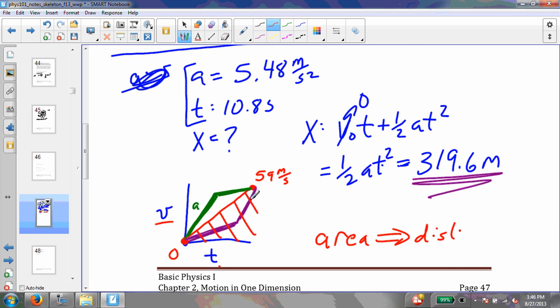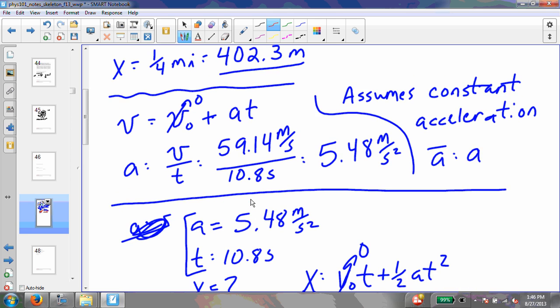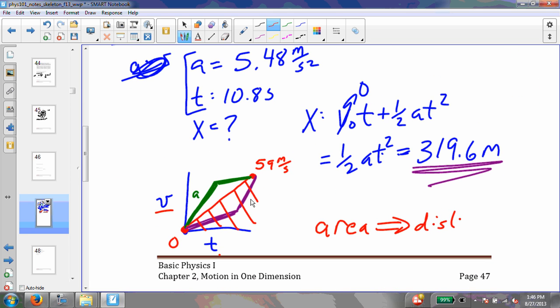So which is it that I'm doing? Well, remember, we actually go a further distance, 402.3 meters. So then I can assume that my acceleration looks more like this.